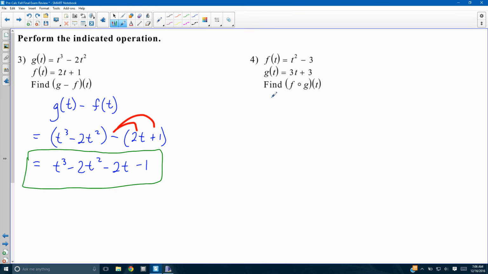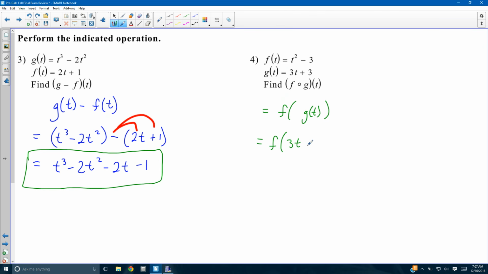Number 4, f of t equals t squared minus 3. g of t equals 3t plus 3. Find f of g of t. By that, we mean take g of t first and apply the function f to whatever that value is. So g of t is 3t plus 3.